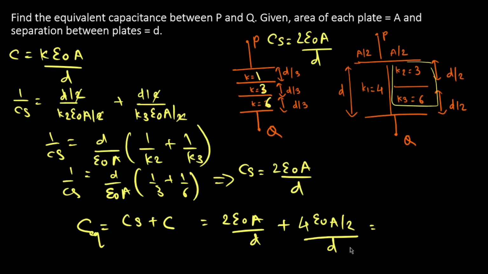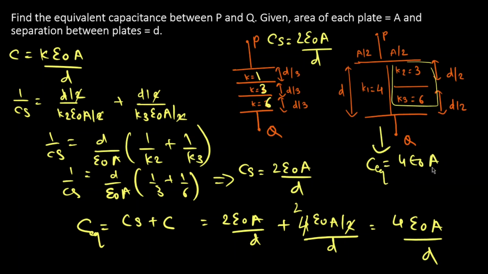So 4 times A by 2, so this 2 gets cancelled. We have 2 epsilon naught A by D and 2 epsilon naught A by D, so this will be 4 epsilon naught A by D. So this is the equivalent capacitance: C equivalent is 4 epsilon naught A by D.